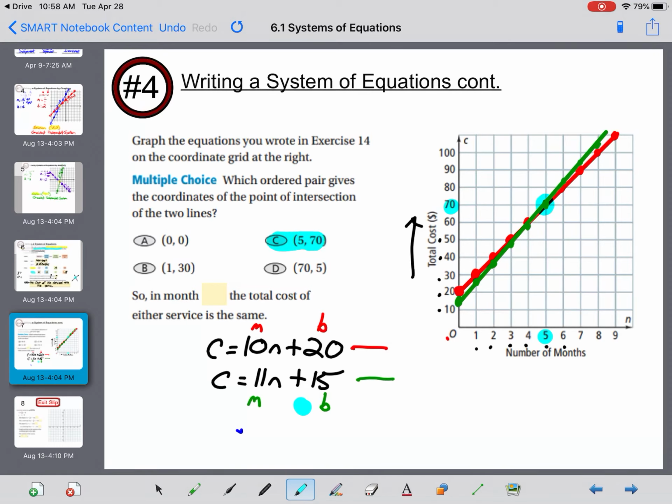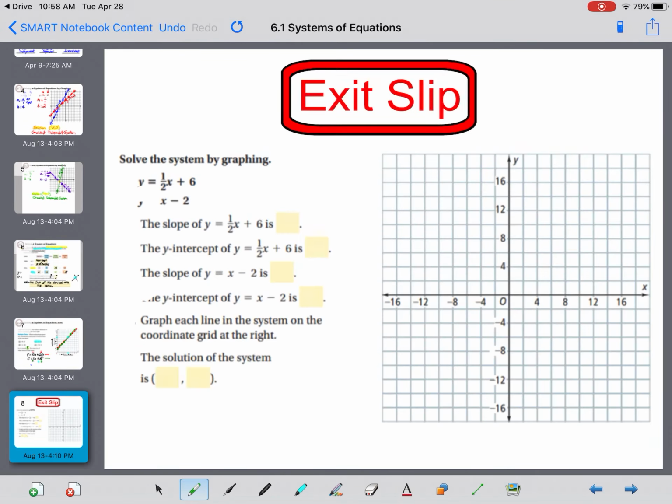And that point is 5, 70. So after 5 months, the cost of the services is the same, and that cost is $70. It's a tough one.